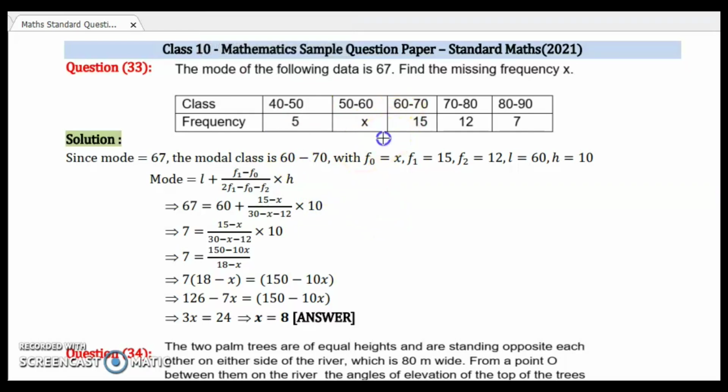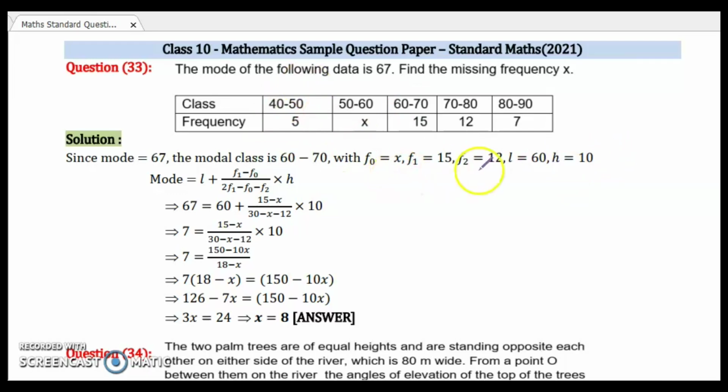The modal class is 60 to 70. F naught equal to x, F1 equal to 15 and F2 equal to 12, and this is going to be my modal class. Therefore what is L? L is going to be 60, and h is the length of the class interval. It is observed to be 10.